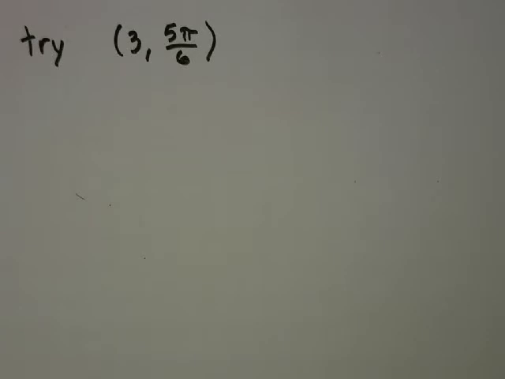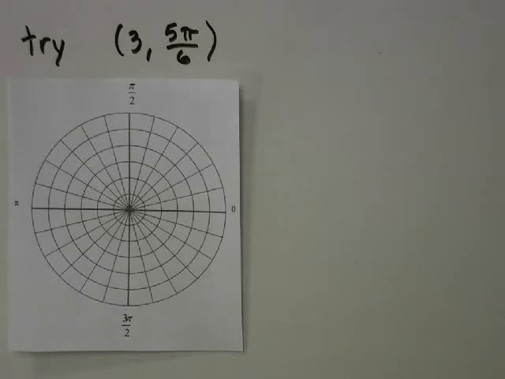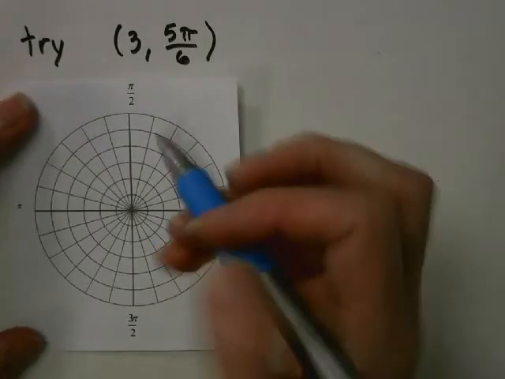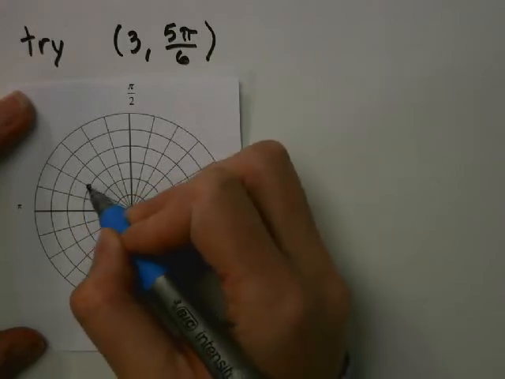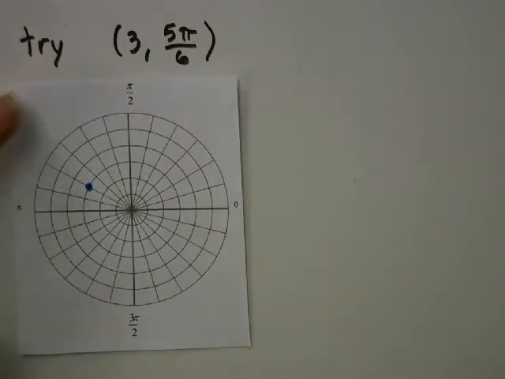All right, so I want you to try (3, 5 pi over 6). So if I were to graph (3, 5 pi over 6), okay, we're going to be right here.